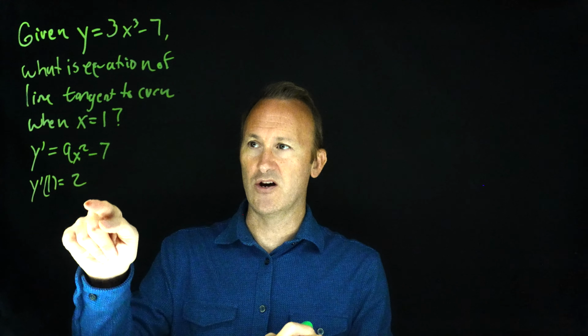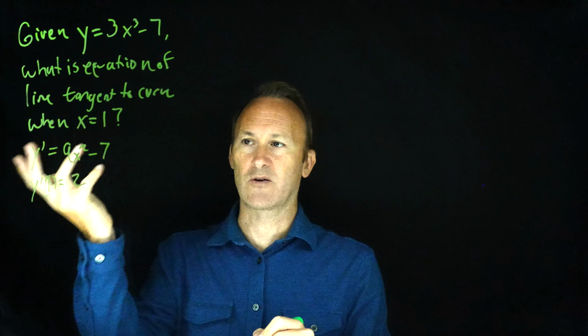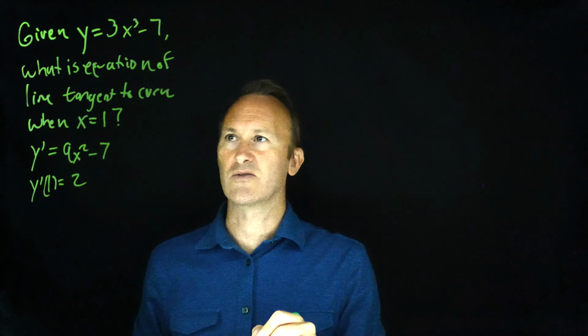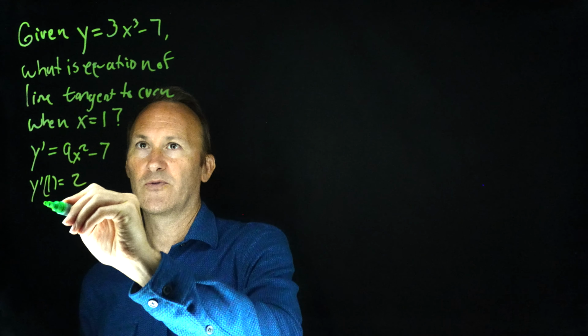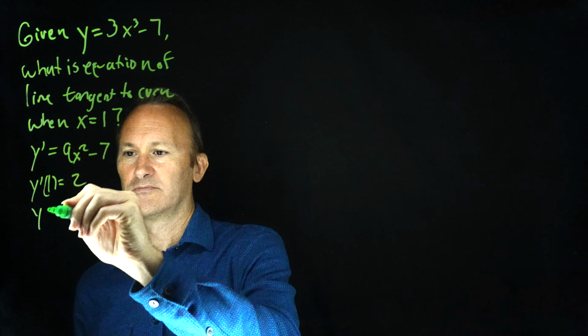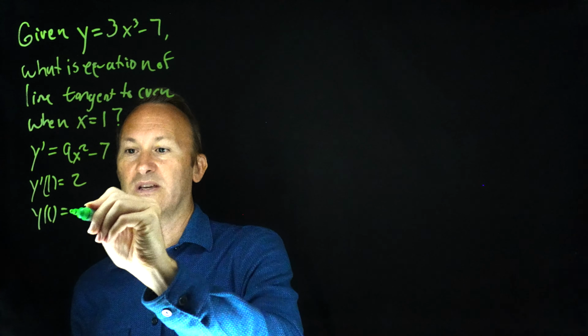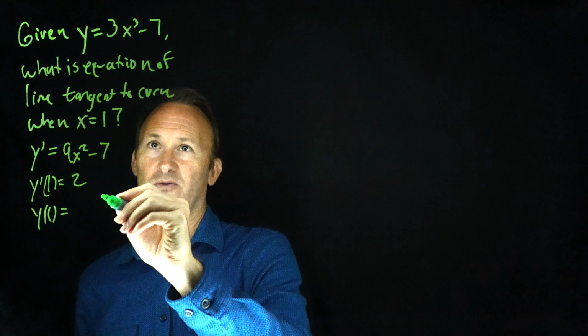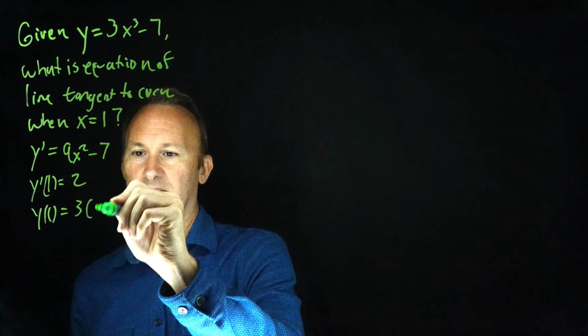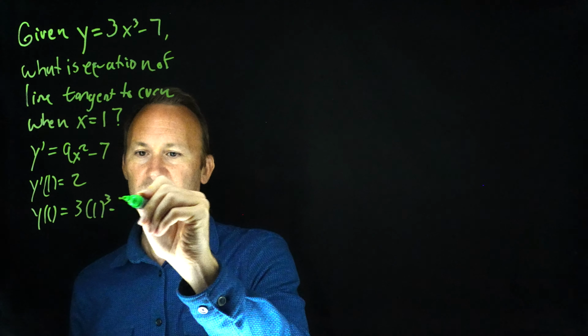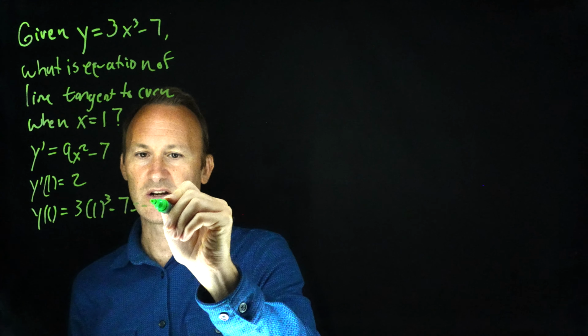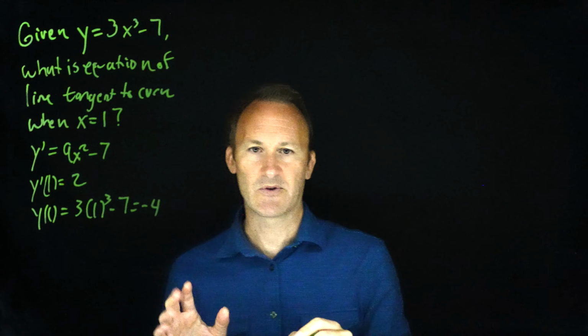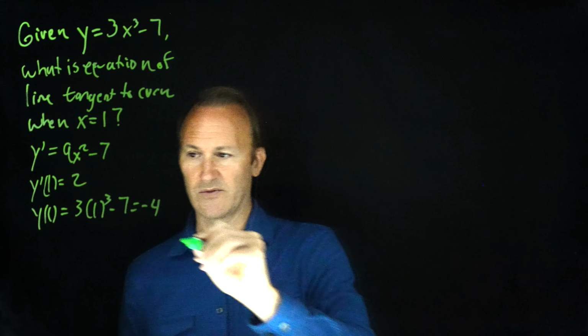So we've got the slope, we've got our x1, all we need is our y1, and we get that by going into the curve. So for y of 1, we get 3 times 1 cubed minus 7, which is equal to negative 4.